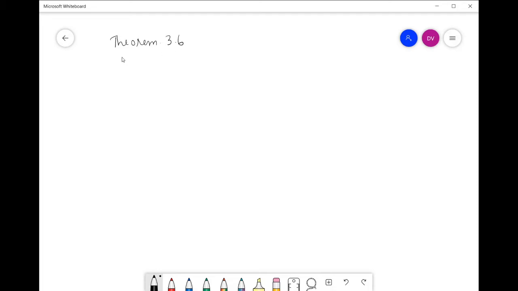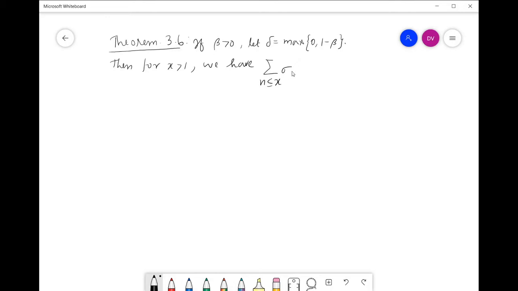Theorem 3.6. This theorem states that if beta greater than 0, we let delta be the maximum of 0 and 1 minus beta, then for x greater than 1, we have summation n less than or equal to x of sigma minus beta of n equal to, we have two answers.